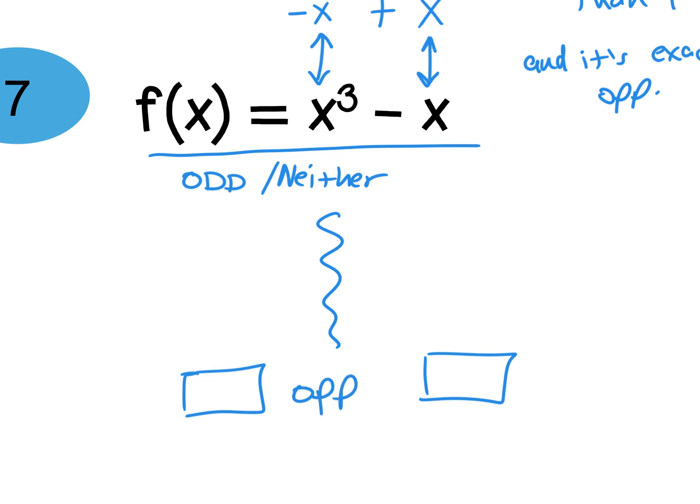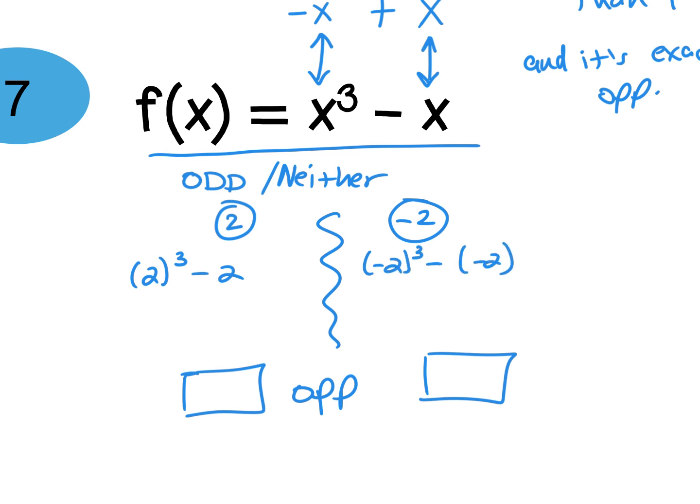When you plug in any number bigger than 1 and its exact opposite, let's watch what happens here. I'm going to plug in positive 2 and negative 2. So when I evaluate this, watch, I have 2 cubed minus 2. And then here I have negative 2 cubed minus negative 2. So on the left-hand side, what is 2 cubed? 8.